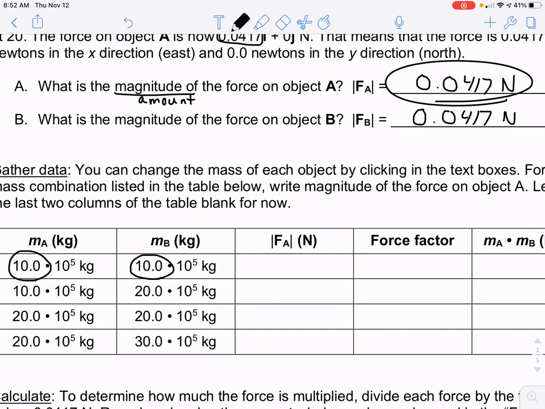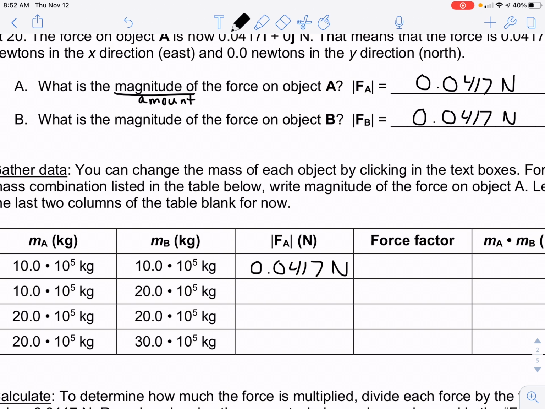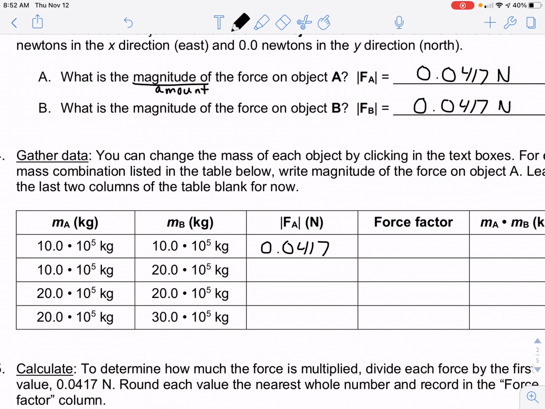The amount of force acting on object A is 0.0417, so let's record it. This one is already done. Now don't put newtons in here. The unit of newtons is already here. Now what we're going to do is in the next trial double the second mass and see how that affects the force on object A.